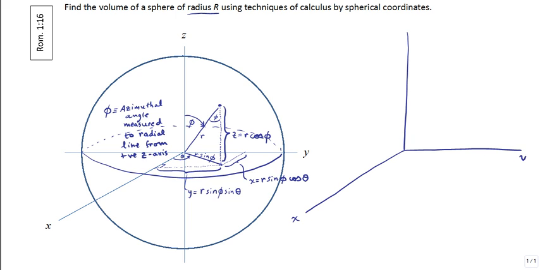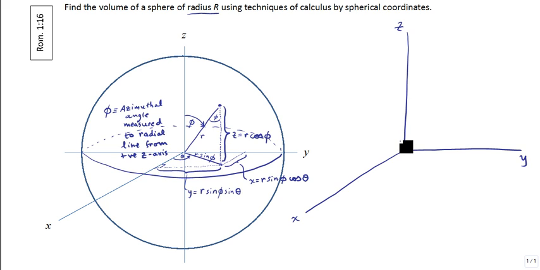Here's your x, y, and z, and we want to focus our attention momentarily on a differential volume element lying in this x, y, and z coordinate system.